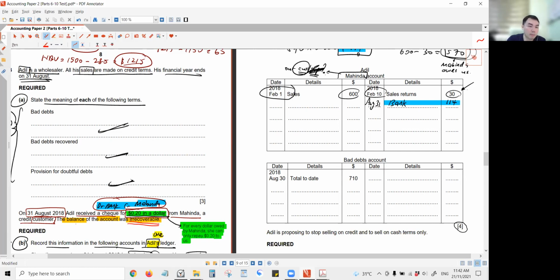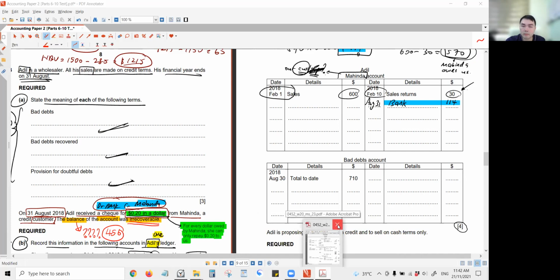So how much is the amount? Everybody, go find out what the balance here means. Refer to what amount? Correct, Ishin. 456, because Mahinda still owes to us 456. So we are going to use this amount to record the irrecoverable debt.